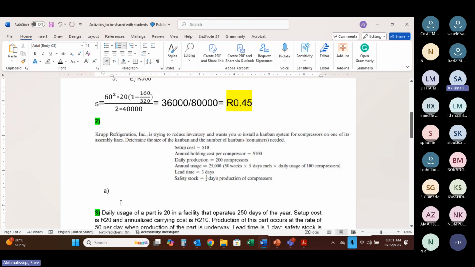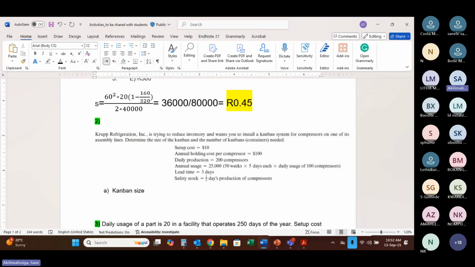So let's say Kanban size. This is what you're going to do for this first part of the question.